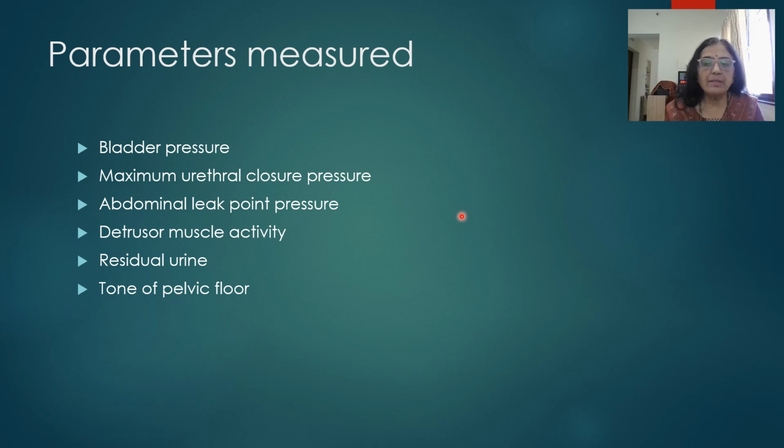All these parameters are assessed, and ultimately what it helps us with, especially in a confusing history and examination findings, is to confirm our diagnosis, whether it is a case of stress urinary incontinence, urgency incontinence, or a mixed incontinence with dominance of either of these two.